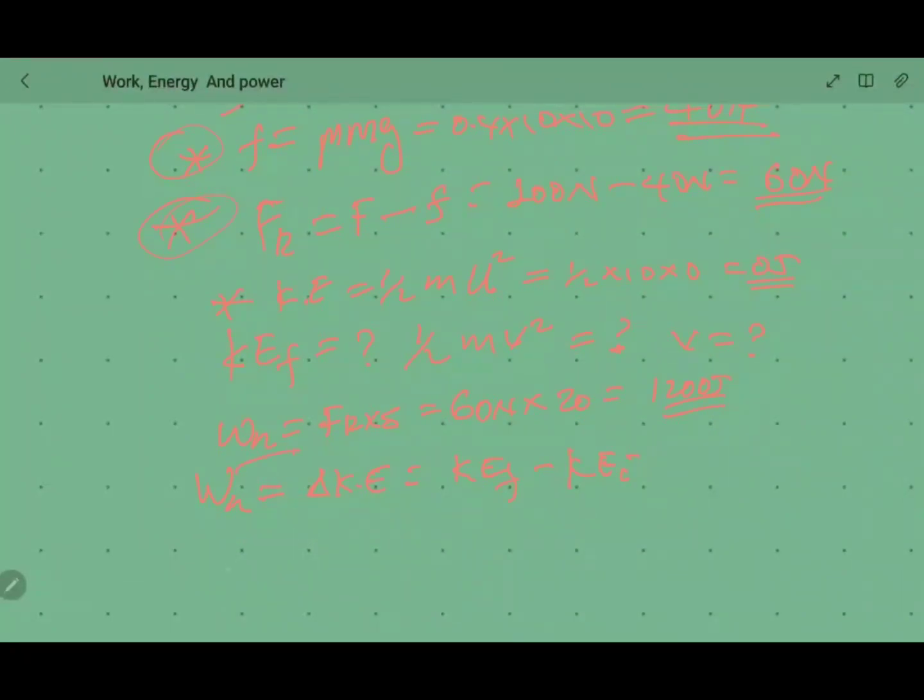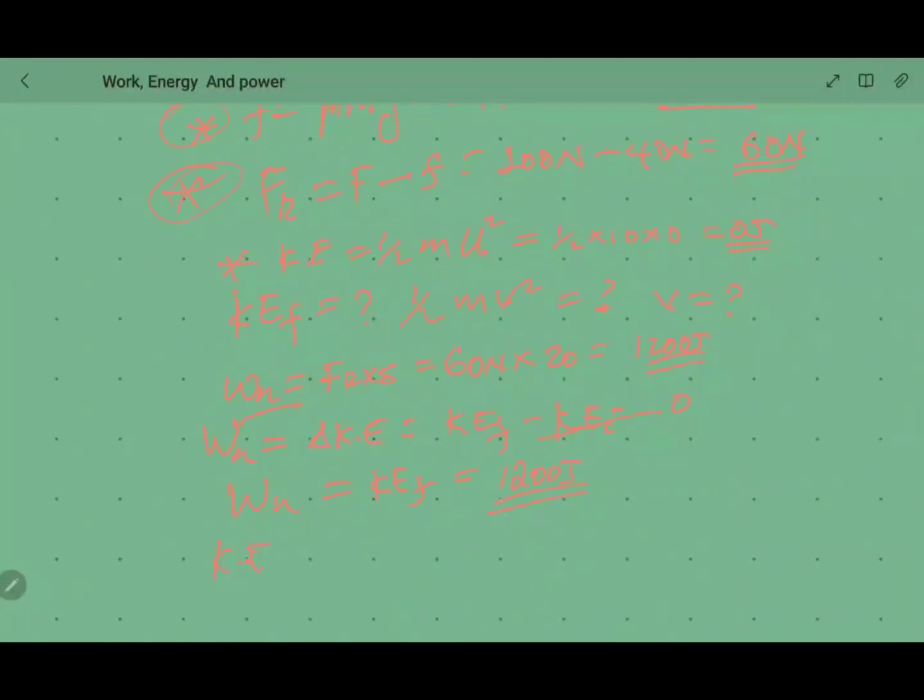So the work done by the net force is equal to the kinetic energy final, because the kinetic energy initial is 0. So the work done by the net force is 1200 joule, and that is the kinetic energy final. So how do I get the final velocity? You can get the final velocity from this one.